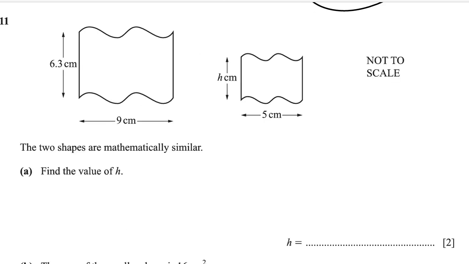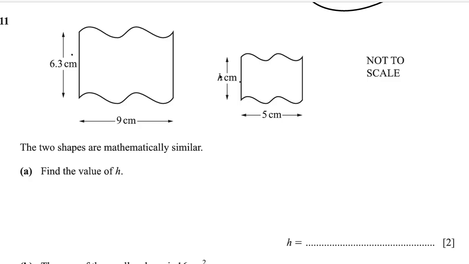Okay, so question 11 says two shapes are mathematically similar, find the value of h. When you're in this kind of condition, all you need to do is compare the sides of the shape. Here the height of this is 6.3, and we don't know the height here, and the base here is 9, the base here is 5.